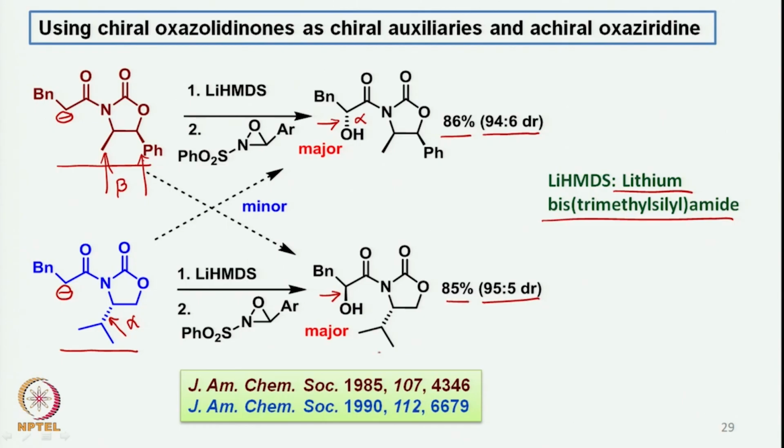Obviously this is the major product in both the cases, and the minor product from here will be this one, and from here the minor product will be this one. So we can control the reaction in such a fashion that we can get the major product depending on what kind of oxazolidinone we use.